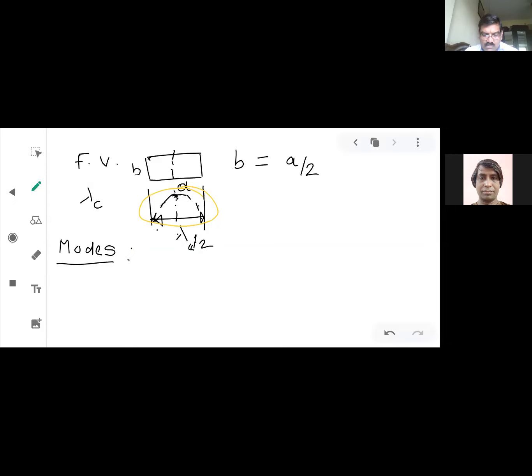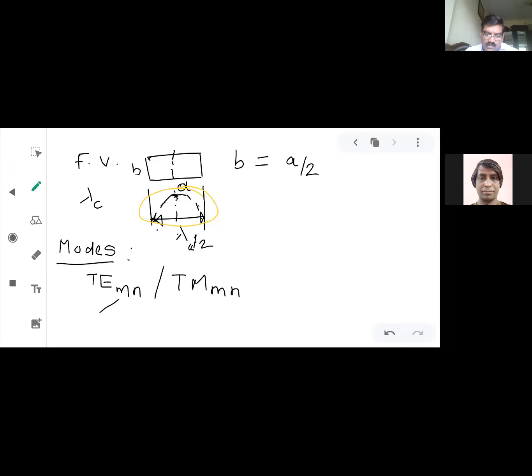Okay. So when we talk about the modes, there are various modes like TE modes, TE M and N, and TM M and N modes.